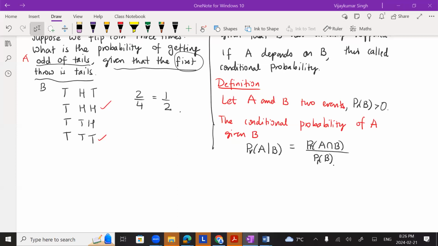Another way to think about this problem is the following. You can think about it as now your new sample space is B, because B has already happened and you're looking at part of B, which may happen, may not happen. So the idea is you have event A, you have event B. B has already happened now, right? That means this part has already happened.